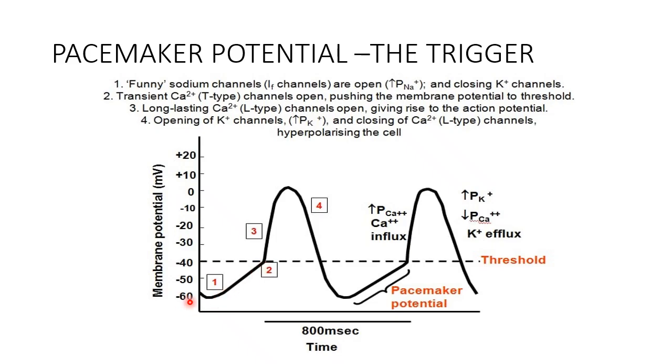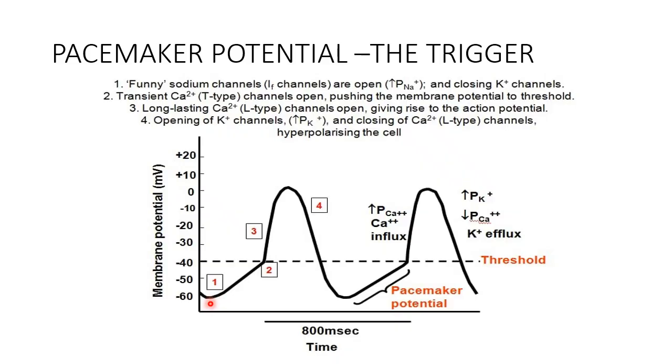The resting membrane potential of the SA node is minus 60 millivolt, and in phase 4 there is an opening of funny sodium channels, or leaky sodium channels, in the initial part. There is also closure of the potassium channels.